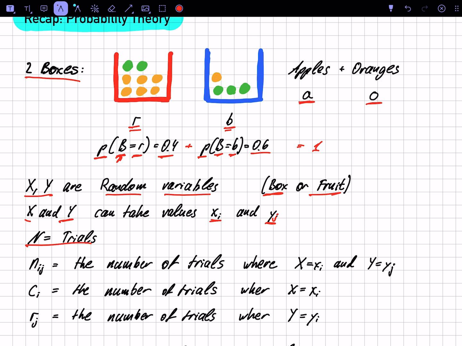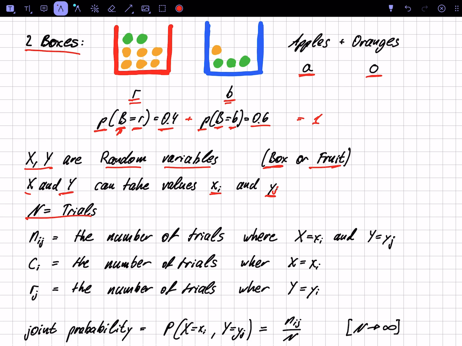So if we, for example, have those two boxes and we start taking the fruits out of these boxes, we have, of course, first to select the box and then to select a fruit from within that box. And now we have further variables, and we start with n_ij. That's the number of trials where X takes x_i and Y becomes y_j.